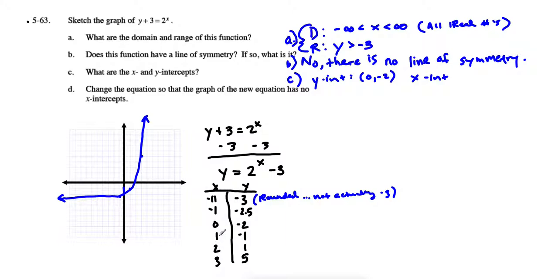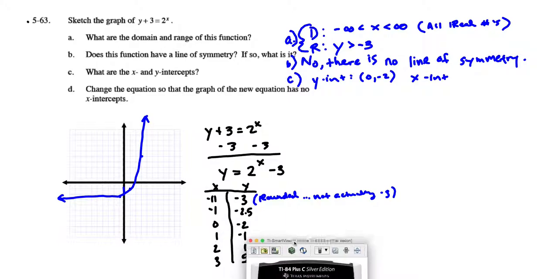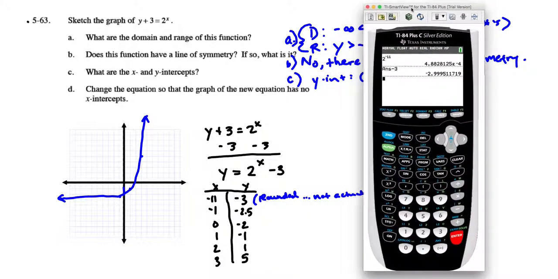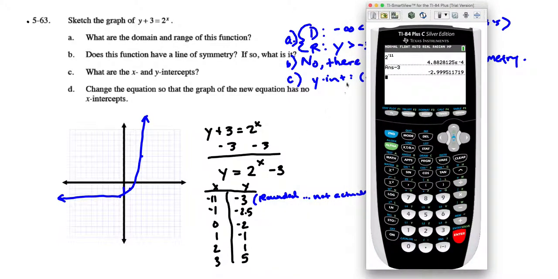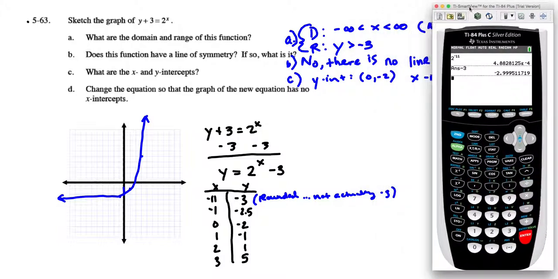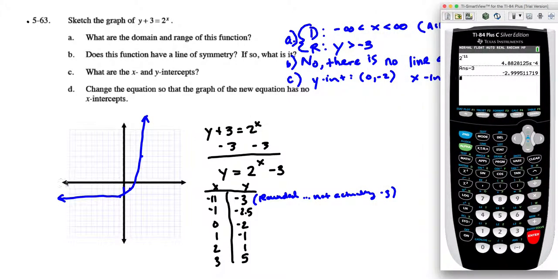So how can we figure that out? Well, let's pull that calculator back out here. And remember that every point on this line right here has the same y coordinate, right? This is the line y equals 0.